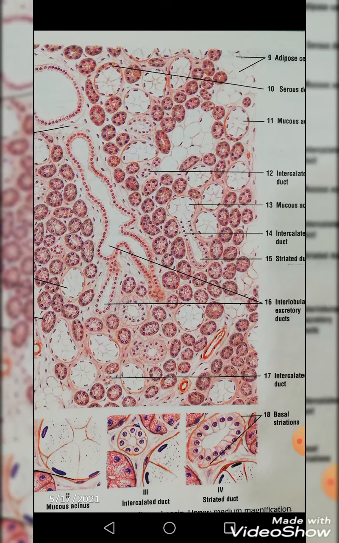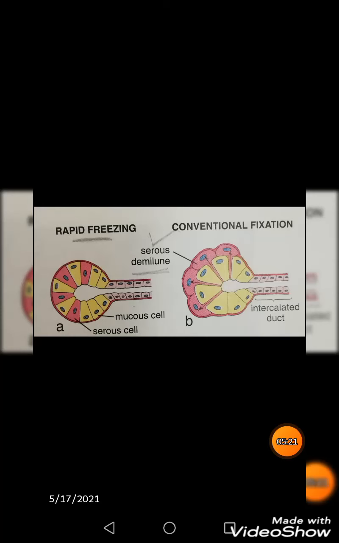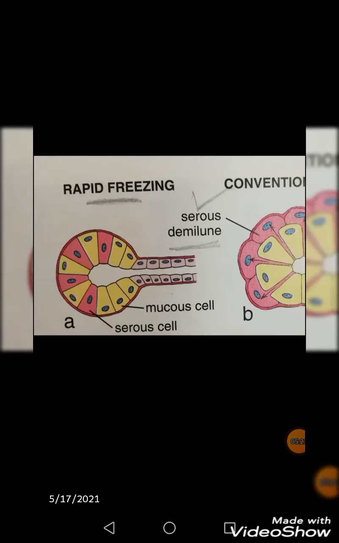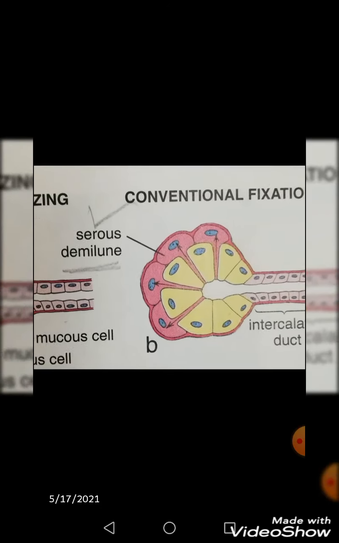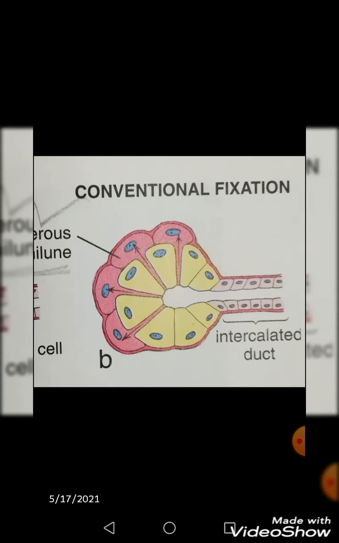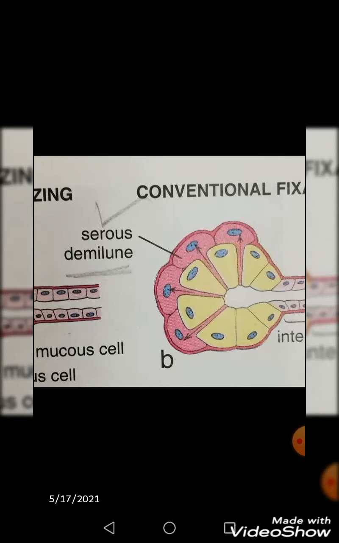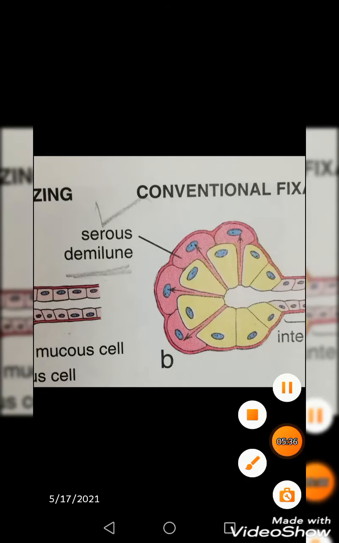Let me show you another good picture of the serous demilunes. You can observe that these are serous cells. If you visualize the acini, on its margin there is a cap-like structure marked in pink color.